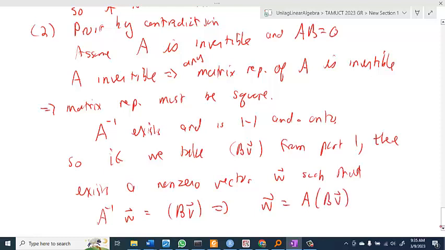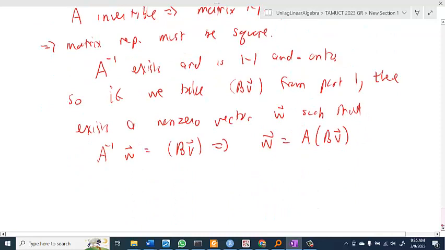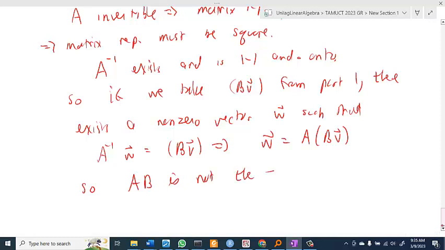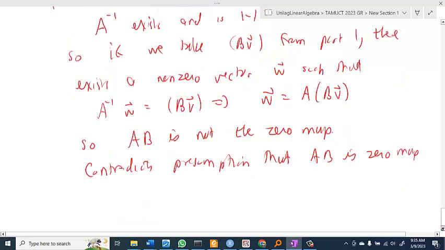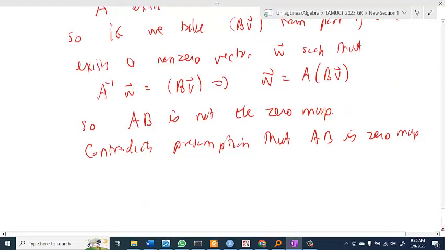And what does that mean? W is non-zero, so AB is not the zero map. But this contradicts our presumption that AB is the zero map. So that completes the proof by contradiction.